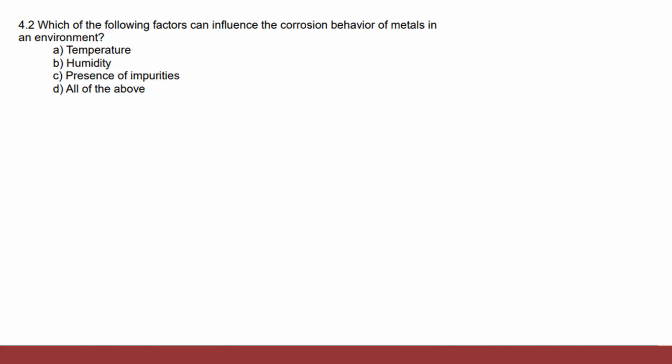Any reaction will get faster because of the temperature. Humidity: water is a favorable environment for corrosion, so it is again affecting corrosion. How about the presence of impurities? The reaction part and also the environment will change because of the impurity. So the answer should be D.